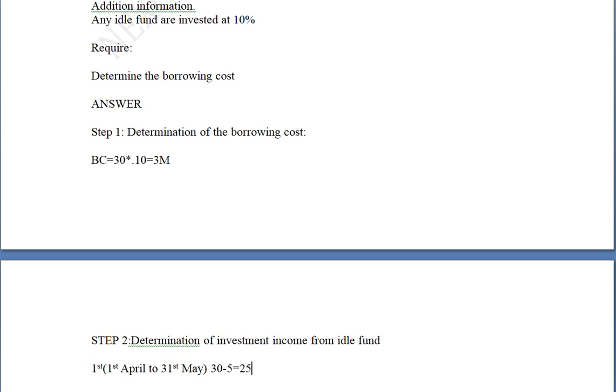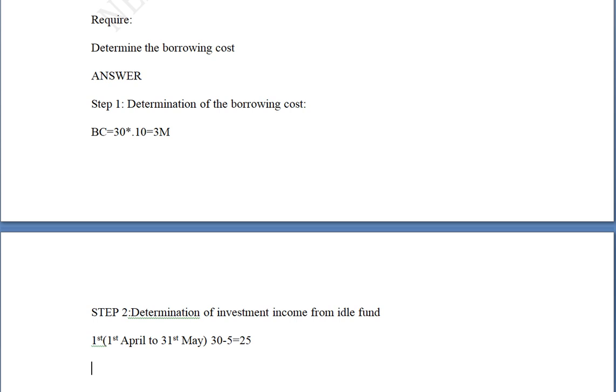So the investment income here will be 25 multiplied by 0.10, and that will be equals to 2.5 million. Please take note of that.